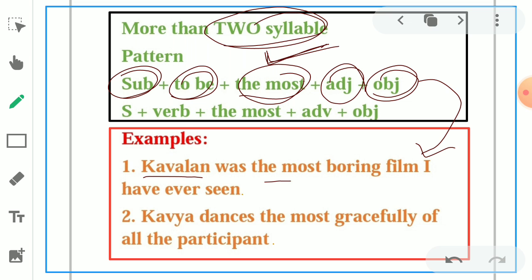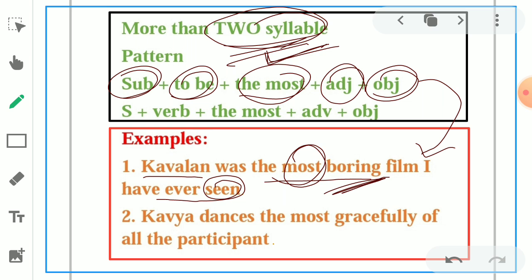Kavalan was the most boring film I have ever seen. See, the most is used because it has two syllables. Which has two syllables? Boring. One, two. There are two syllables. That's why we have to use most. The is compulsory before the positive form. Got it?